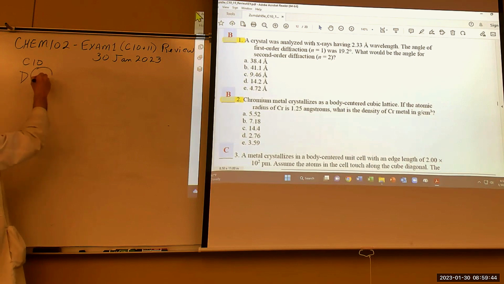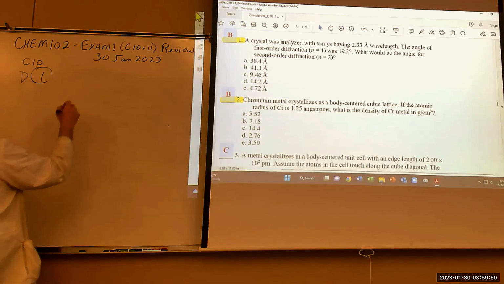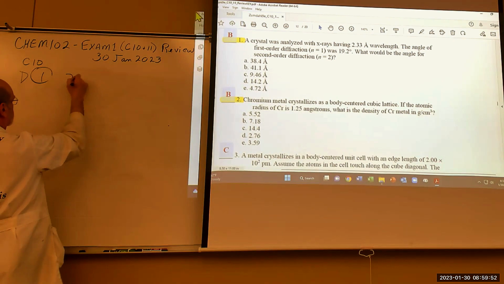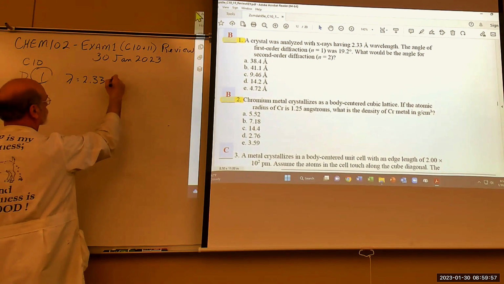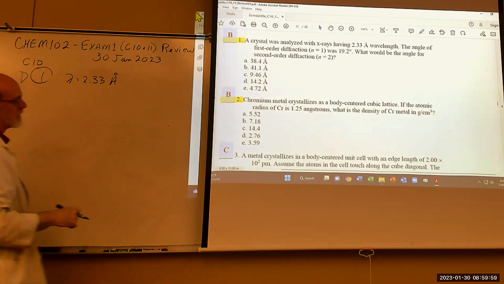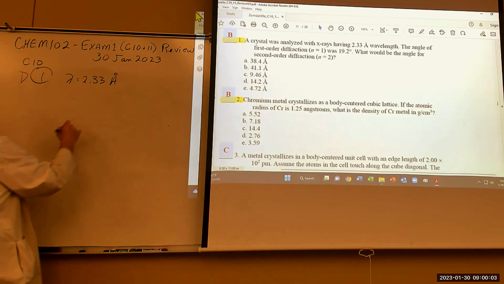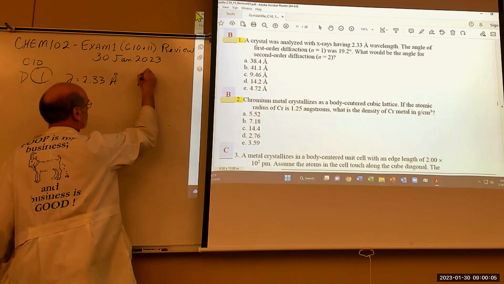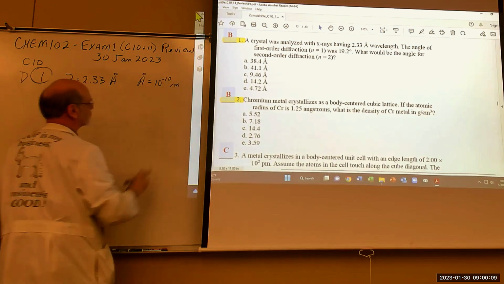Difficult 1. A crystal was analyzed with X-rays having 2.33 angstrom wavelength. So wavelength equals 2.33 angstroms. We didn't mention angstroms as a measure of wavelength. An angstrom is equal to 10 to the minus 10 meters.